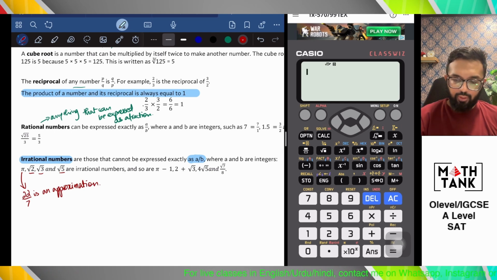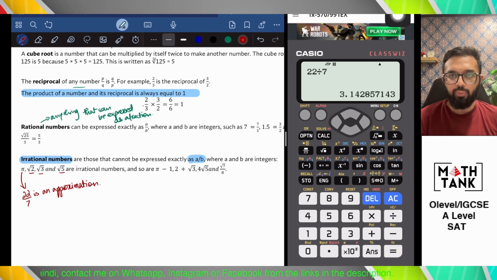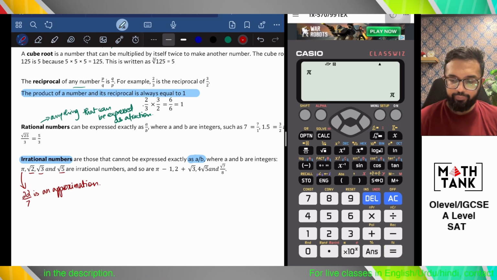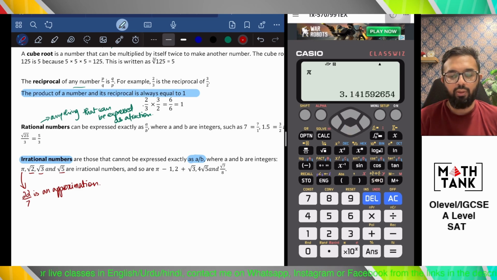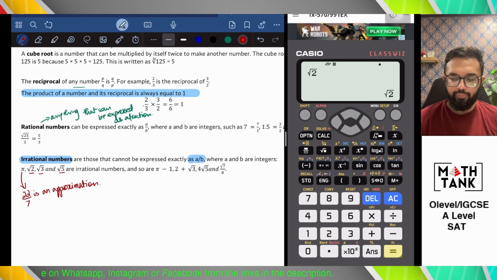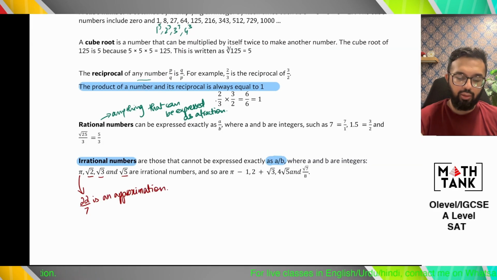If I show you 22 divided by 7, do you notice that the decimal number is 3.142857? Compare this to the actual value of pi that's stored in the calculator, 3.14159. So there's a wide difference between them. If you put root 2 on your calculator, it just shows root 2. You can convert to a decimal but can't convert to a fraction. This tells you that root 2 is also an irrational number.